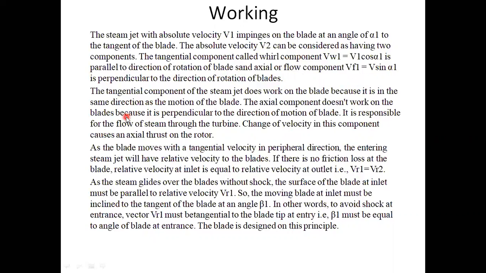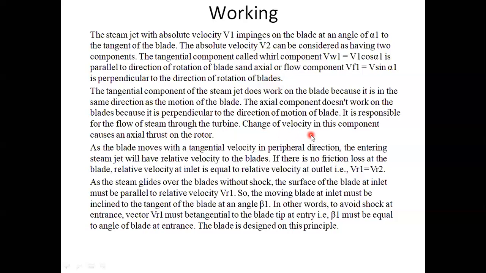We know already, the tangential component of the steam jet does work on the blade because it is in the same direction as the motion of the blade. The axial component doesn't work on the blade because it is perpendicular to the direction of motion of the blade. It is responsible for flow of the steam through the turbine.